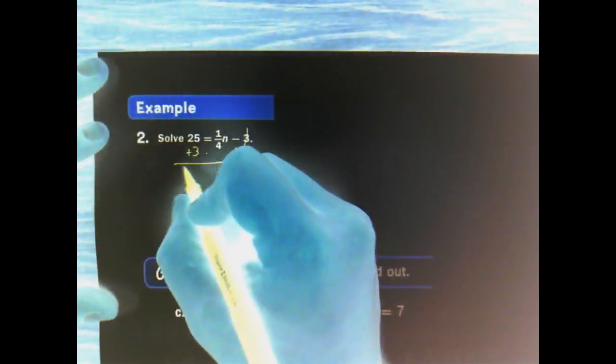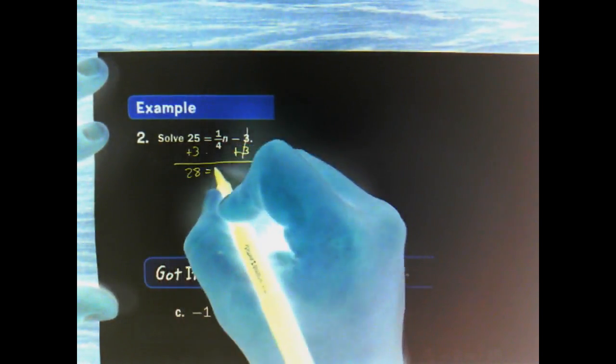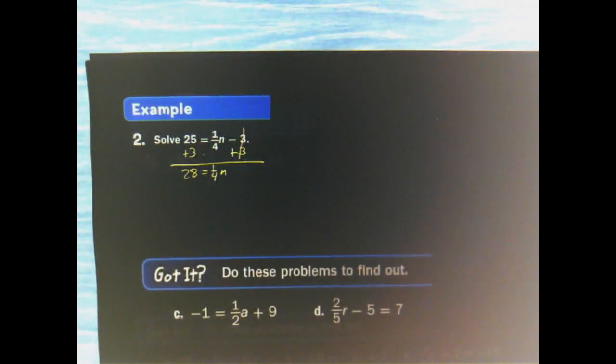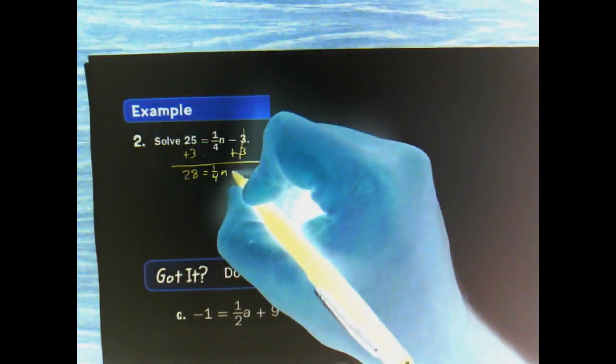These cancel. 25 plus 3 is 28, is equal to 1/4 n. Now, in order to get rid of a rational coefficient, we need to multiply by the reciprocal. Well, the reciprocal of 1/4 is 4/1, which is the exact same as 4. So I multiply by 4, that cancels. But whatever I do to one side, I must do to the other.